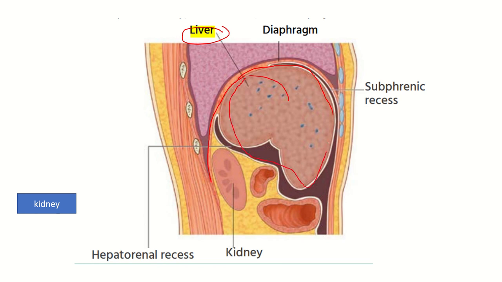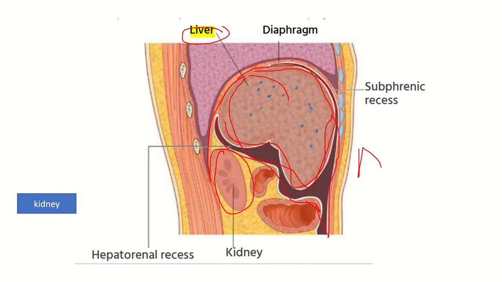This large area is the liver, and below the liver in the posterior part we can see the kidney. So the kidney lies in the inferior part of the liver, and the kidney is a retroperitoneal organ, and we can see the peritoneum covering here in the anterior part. It extends up to the anterior abdominal wall.